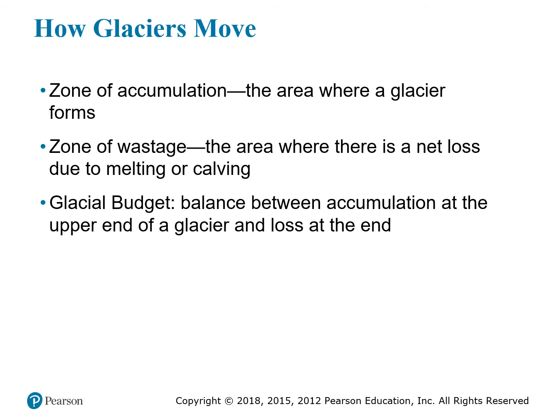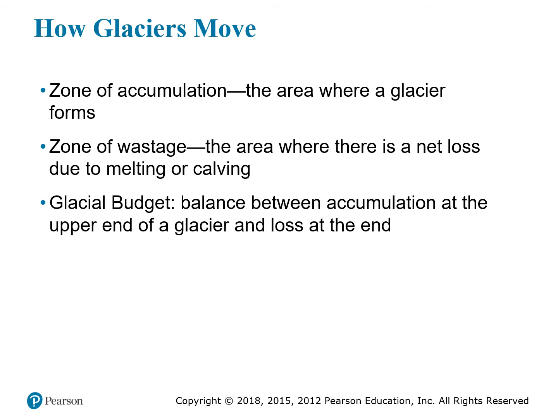Those are typically higher up in the mountains. A lot of times they begin at features called cirques. If there's precipitation there, snow accumulates, and that would be the zone of accumulation. The zone of wastage is the end of the glacier, where you have loss of glacial ice because of calving or melting, and then the meltwater becomes little braided streams and stuff like that.